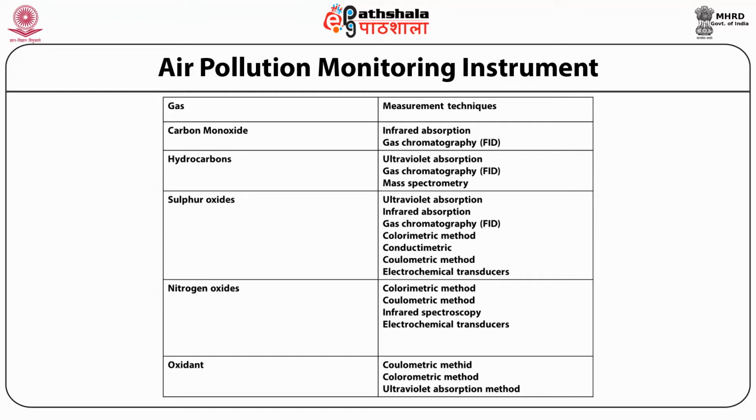Then the oxides of nitrogen are determined by the colorimetric method, coulometric method, infrared spectroscopy, and the electrochemical transducers. And the oxidants in the atmosphere are measured by coulometric, colorimetric, and ultraviolet absorption methods.